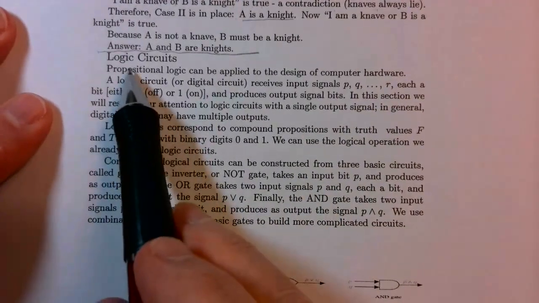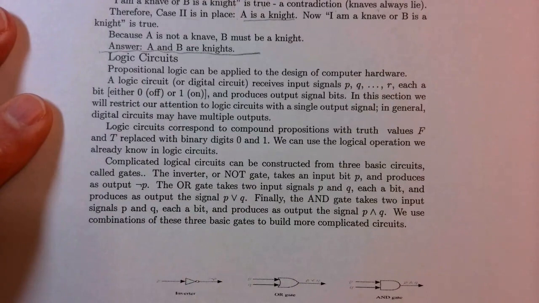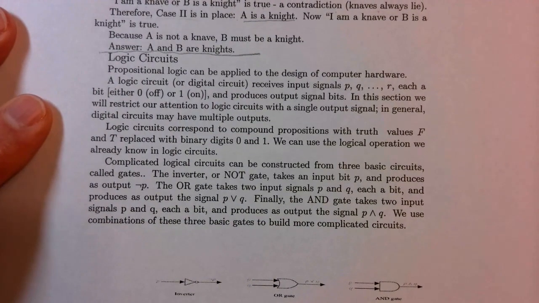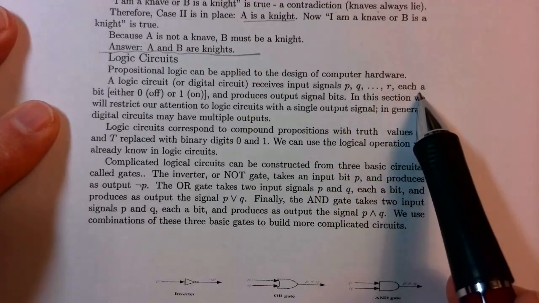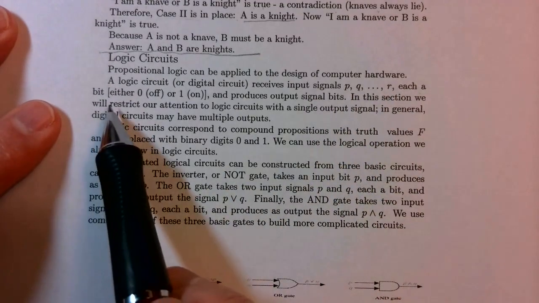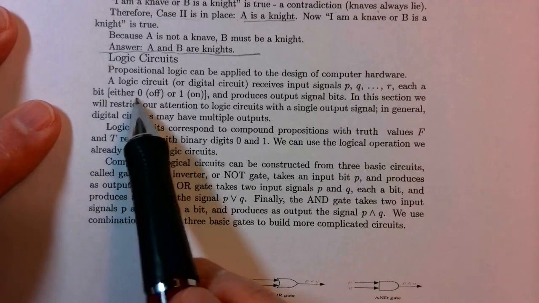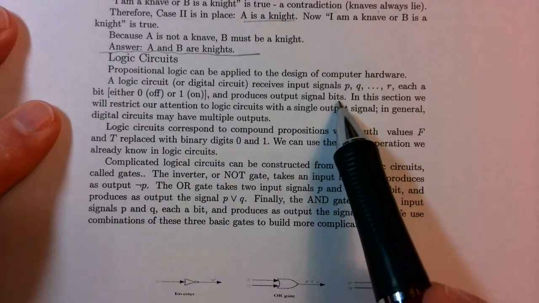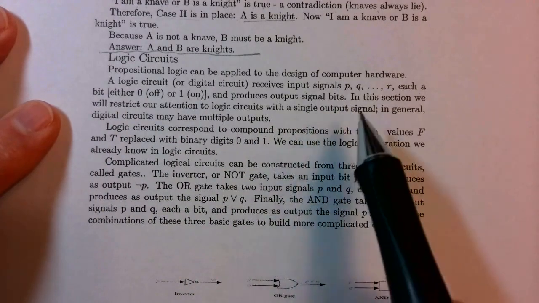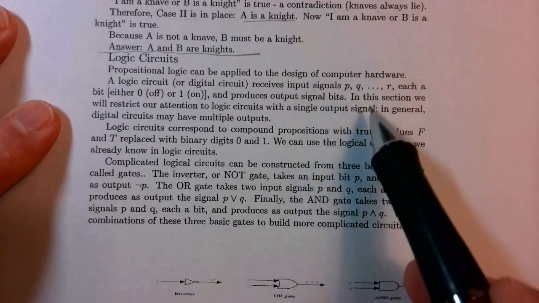The next topic, logic circuits. Propositional logic can be applied to design of computer hardware. A logic circuit or digital circuit receives input signals P, Q, and so on R, each of them a bit, that is either 0 or 1, and produces an output signal that consists of one or several bits.